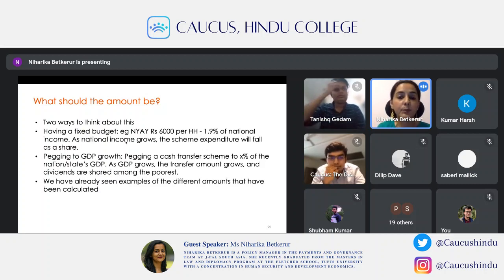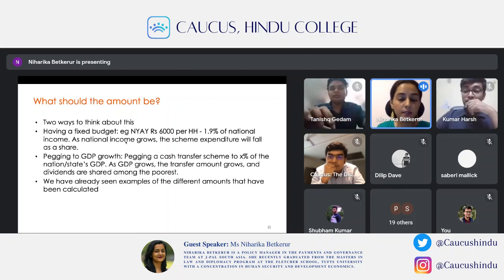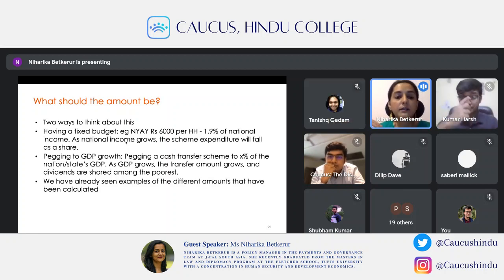For example, the NYAY scheme proposes rupees 6,000 per household, which comes up to 1.9% of the national income. But as the national income grows, this amount will remain the same. So overall, the scheme expenditure will fall along the years. The other thing that governments can do is to peg the cash transfer scheme to X% of the nation's GDP.